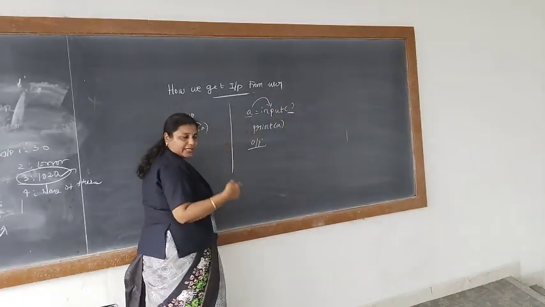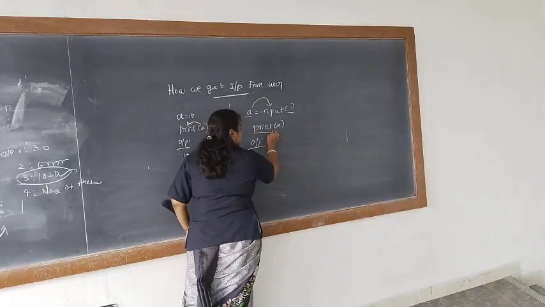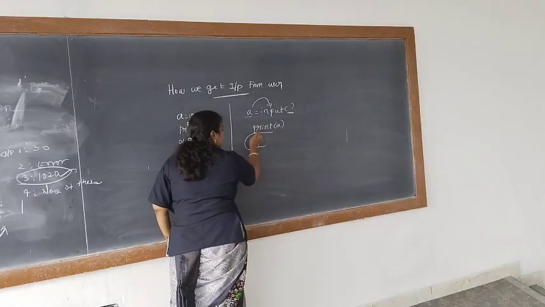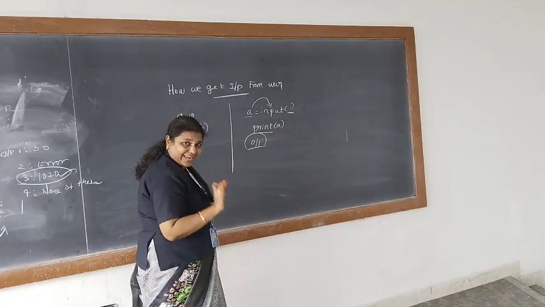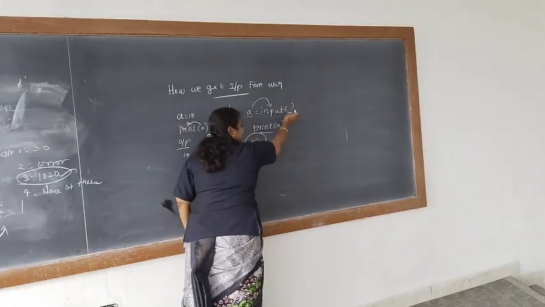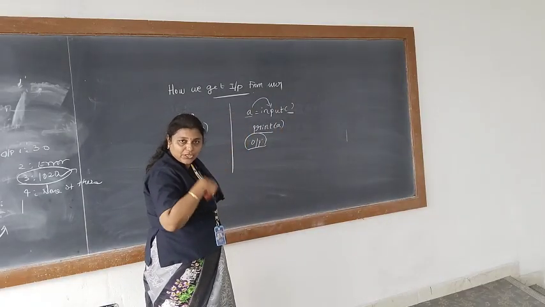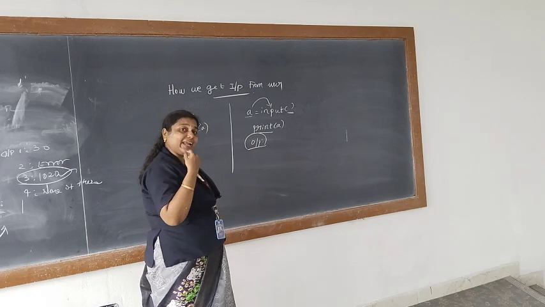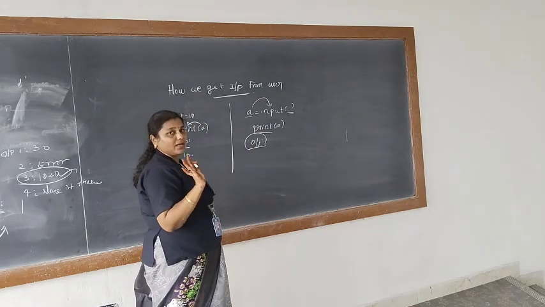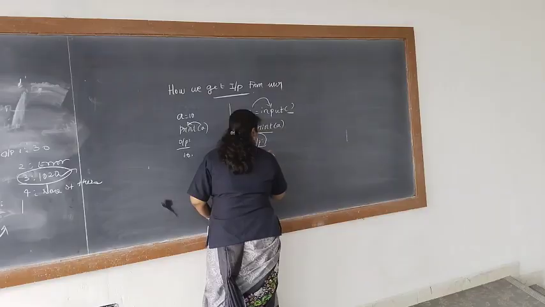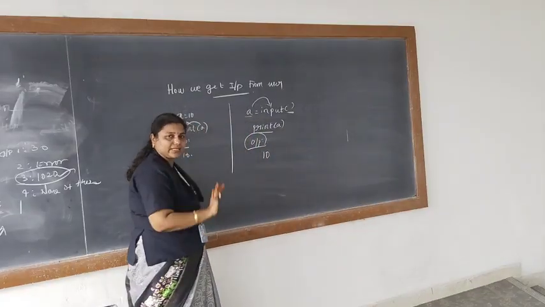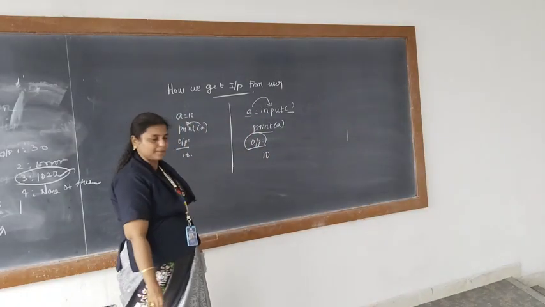The print statement is used for display. In the output nothing is displayed yet because A doesn't have anything. It will get the input from the user, so you have to feed a value. I am going to give the value 10, and that should be printed. Clear?